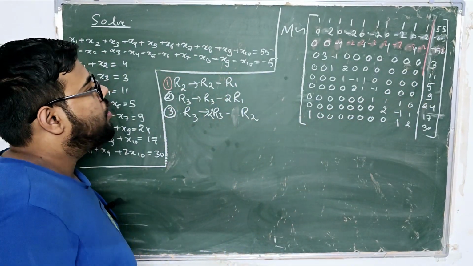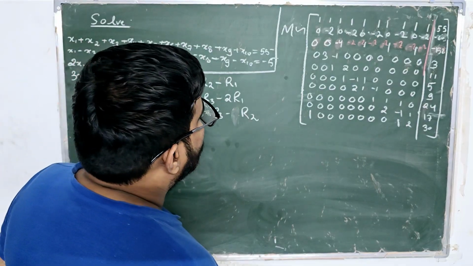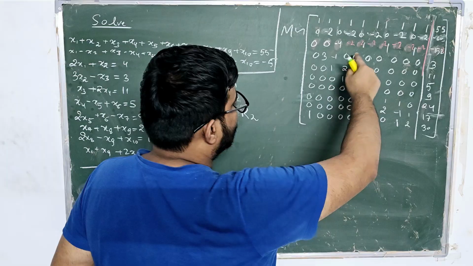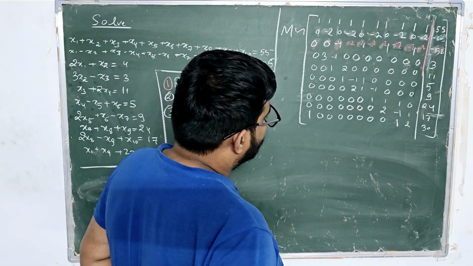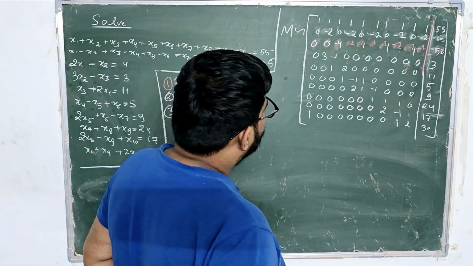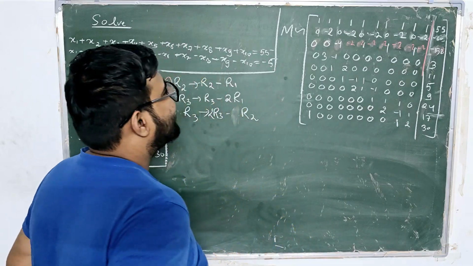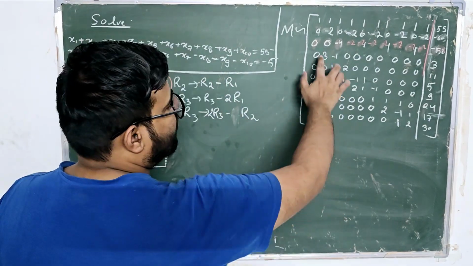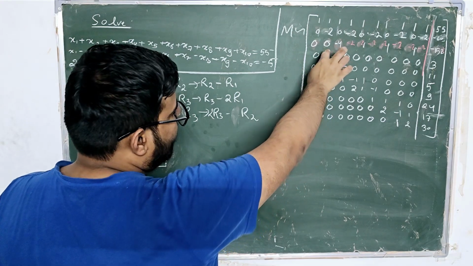Okay, so now we have to eliminate these zeros over here, right? Correct. So let's see how we can do it. So now we have this and this, so now we have this one.